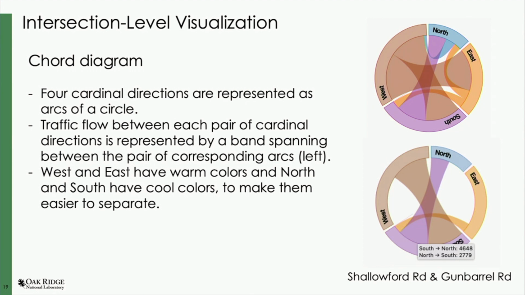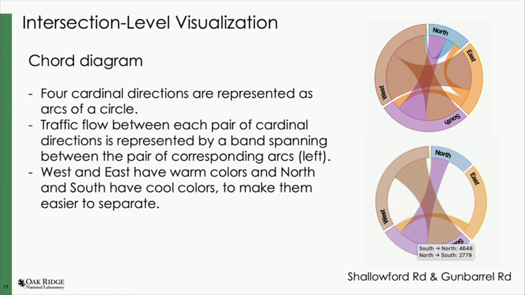D3.js has a chord library, or a chord function. It's not super fun to use, to be quite honest, but I made it work. I really wanted to split up the bands so the color is split by how much traffic goes one direction versus the other direction, and I couldn't make that work in the time that I had to make the chart, so it looks the way it looks.